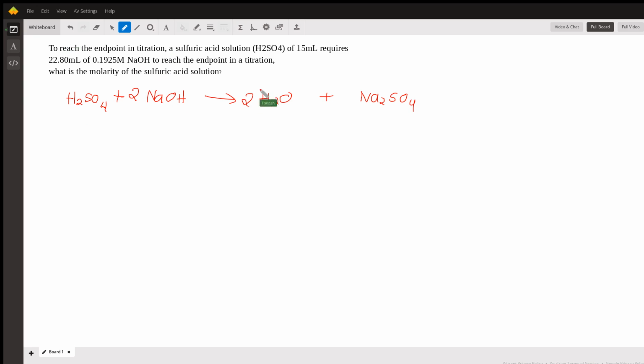Once you have the correct, balanced chemical equation, you can go on and make the table.